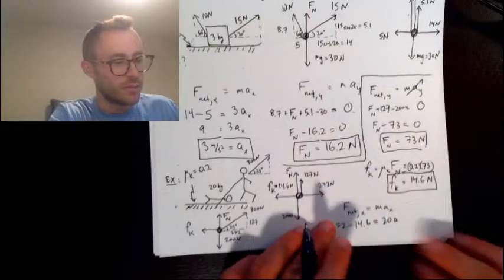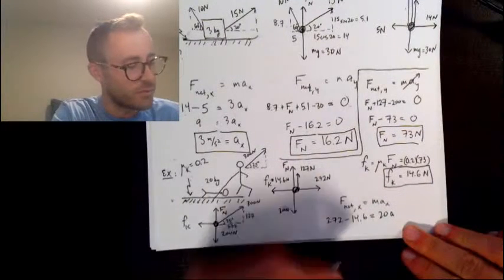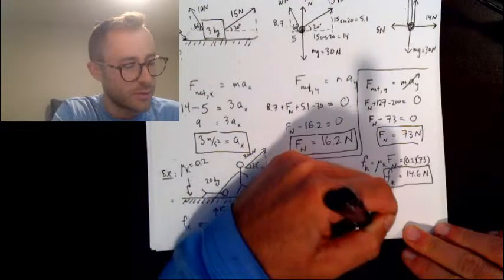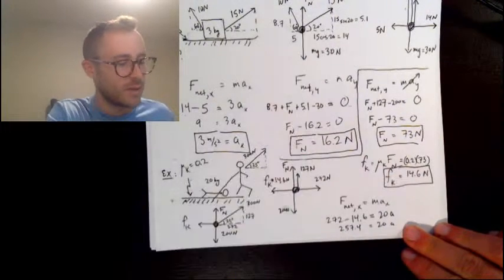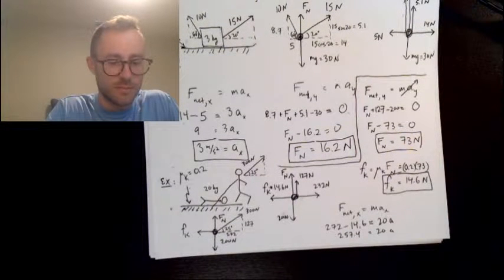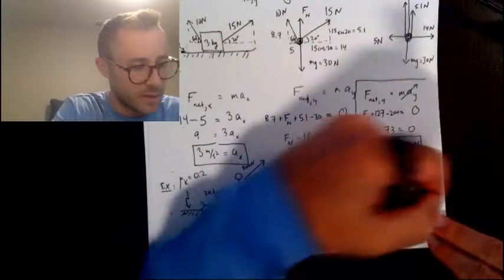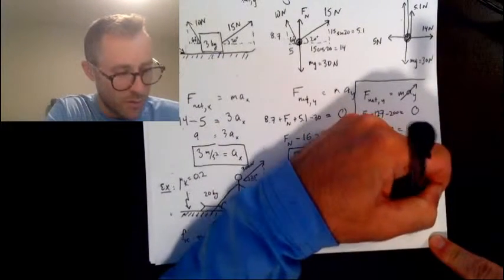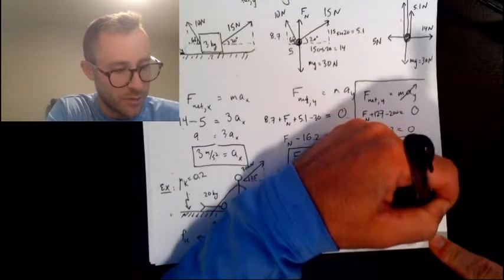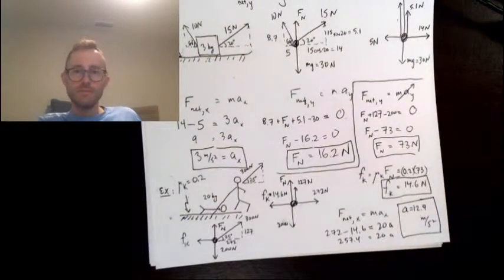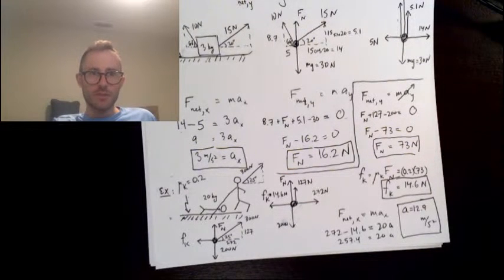So when I subtract those, I get 257.4, and that equals 20A. 257.4 divided by 20 is 12.87. So the acceleration of the child is 12.9 meters per second squared. Okay, so that's how that works.